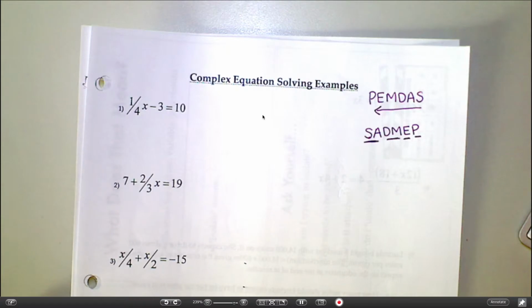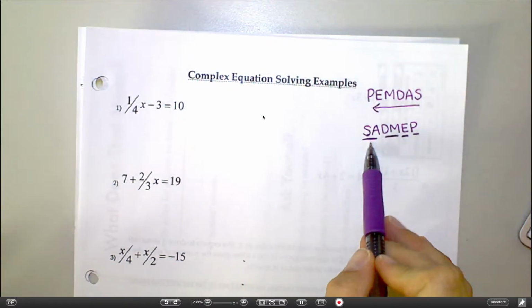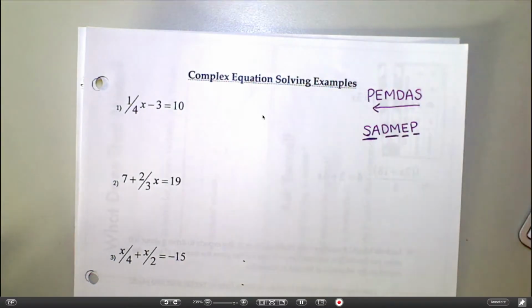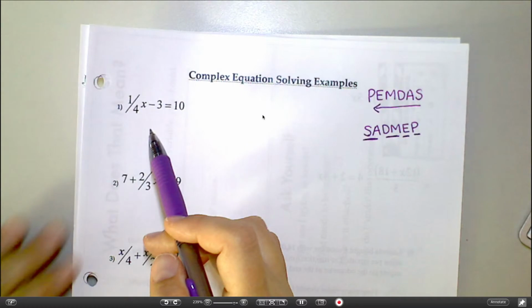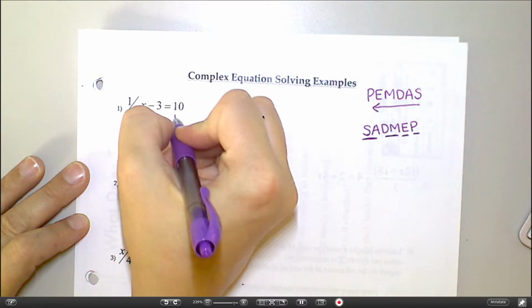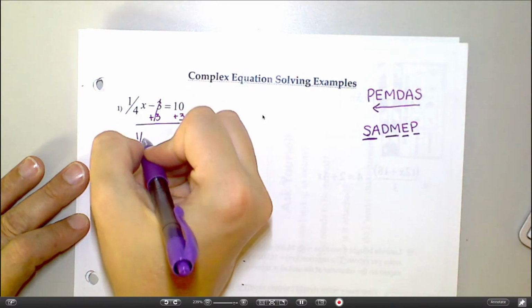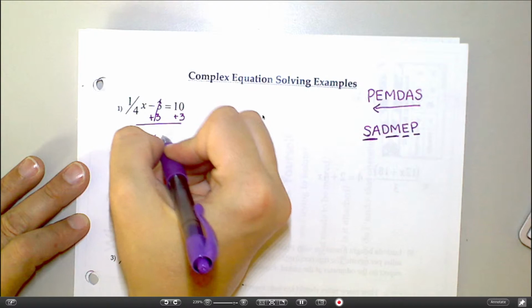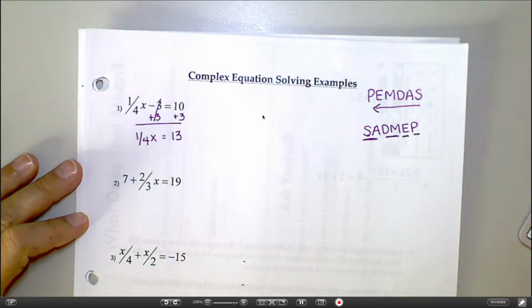Okay, so let's look at 1/4 x minus 3. What's the first thing you would get rid of here? Subtraction. So let's get rid of the subtraction with the opposite of subtraction, which is addition. So I'm going to add 3, and I get 1/4 x equals 13. How do you get rid of 1/4? Divide by 1/4.